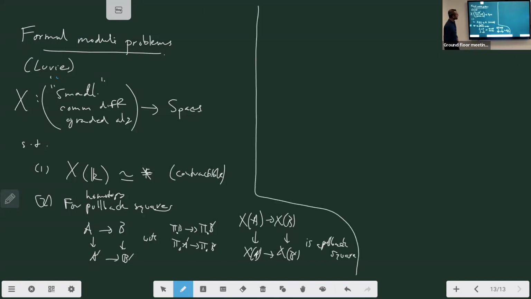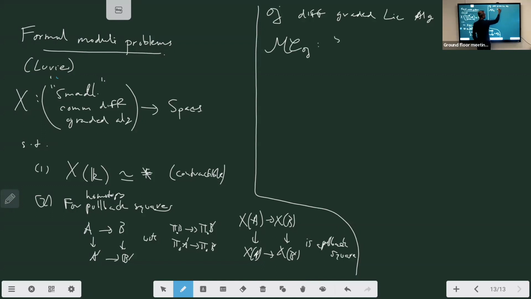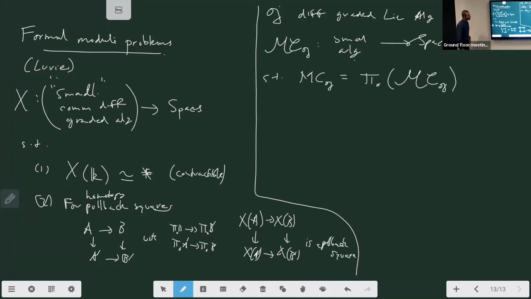Now it turns out that if G is a differential graded Lie algebra, then there is a functor. Let me write this as curly MC of G from small algebras to spaces, such that the old MC of G that we wrote is just pi0, the connected components, of our curly MC of G. In fact, I can tell you what this is.